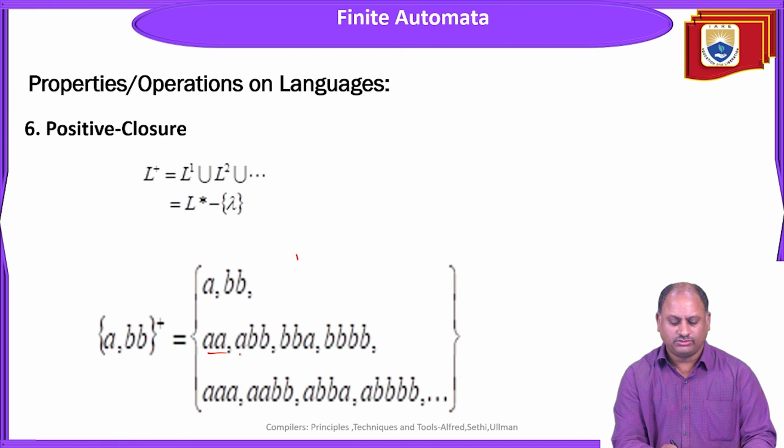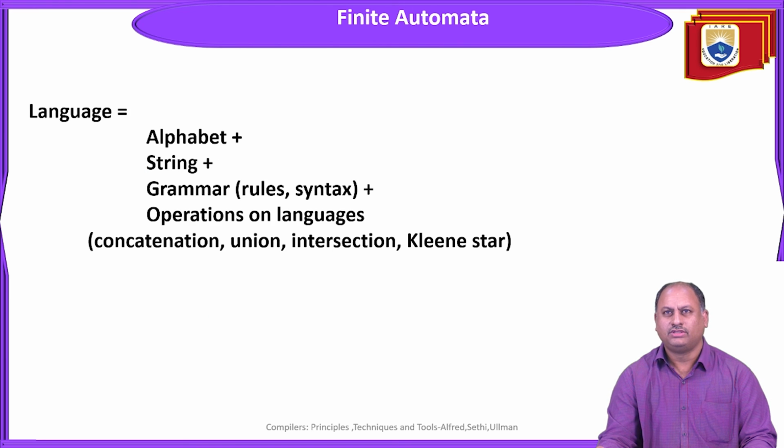L square dot L gives L power 3, L power 3 dot L gives L power 4. Like that, we are going to determine the corresponding results.